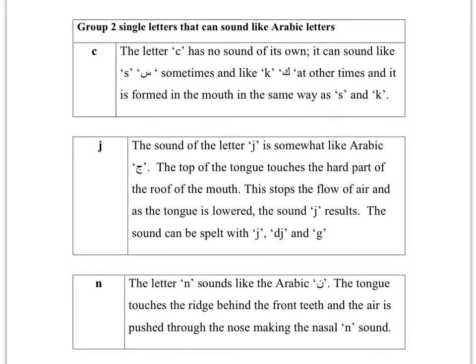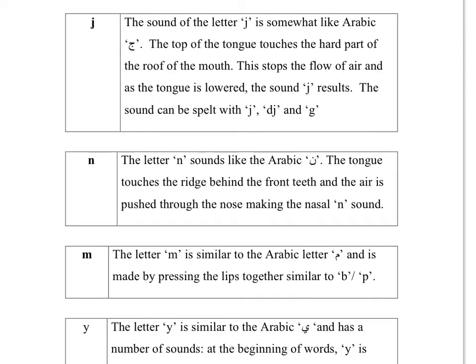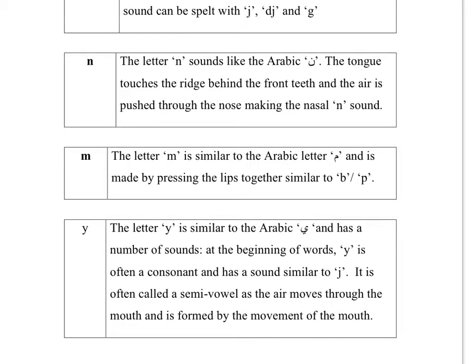The letter J is somewhat similar to Arabic jim and represents the j sound, but is often spelt with J or G, like in giant, for example. The letter N sounds like the Arabic noon, and shouldn't be problematic, as is the letter M also. It's quite straightforward, like the Arabic meem.